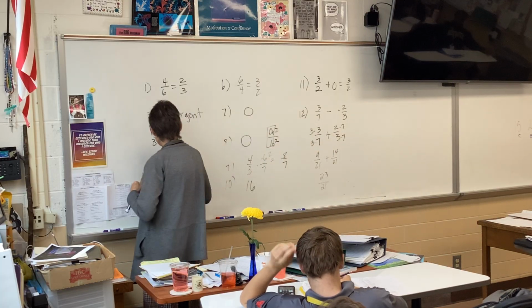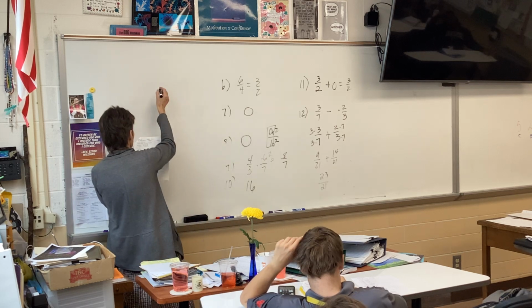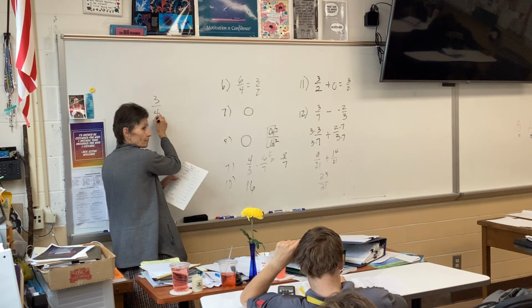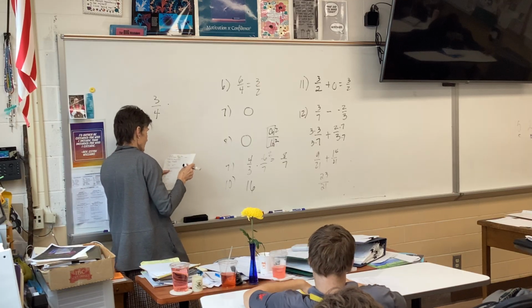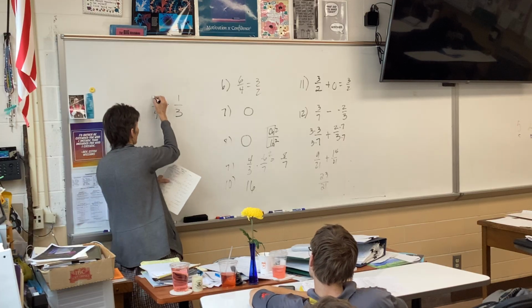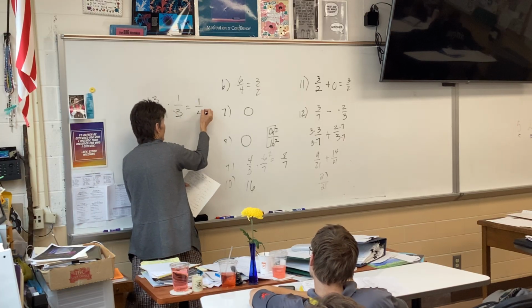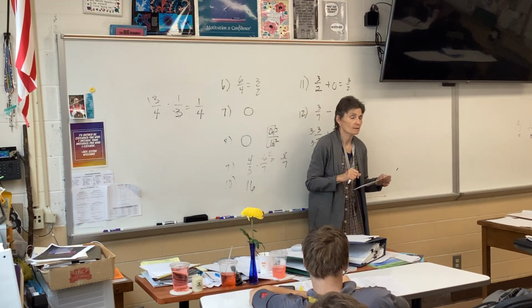So I need to do my two pieces. So the first piece is 3/4. And the second piece is 1/3. So when I multiply, I do get 1/4. The answer to C is 1/4.